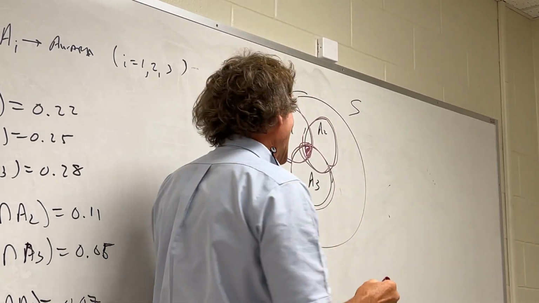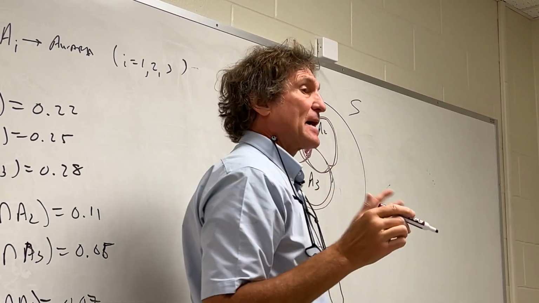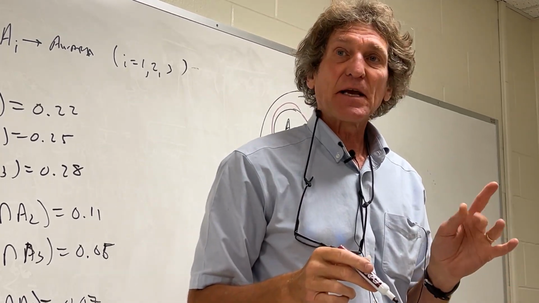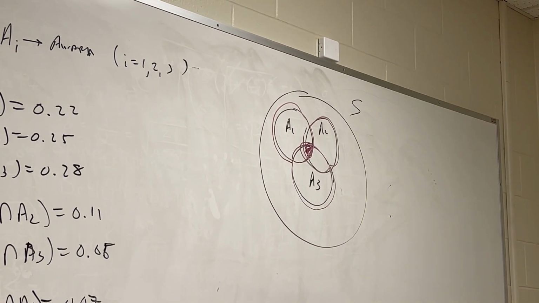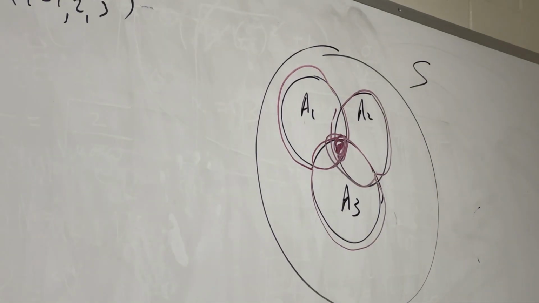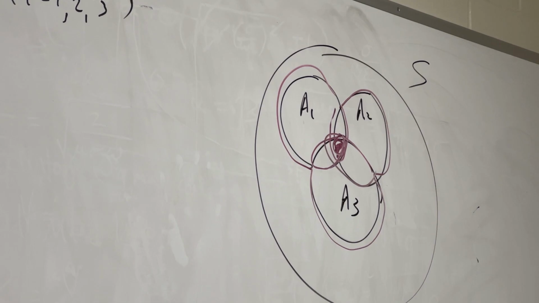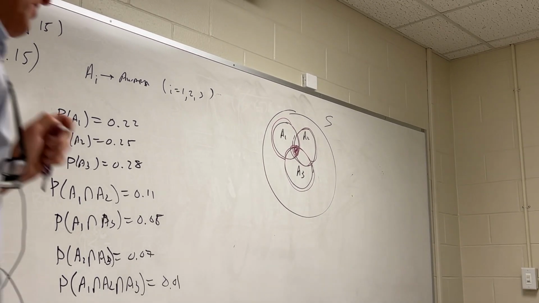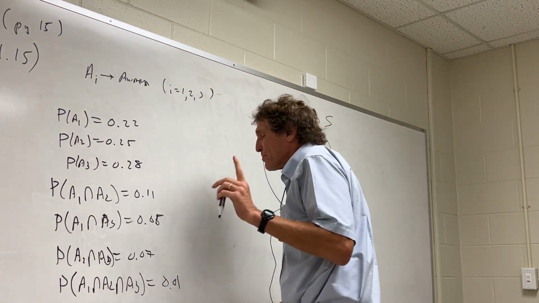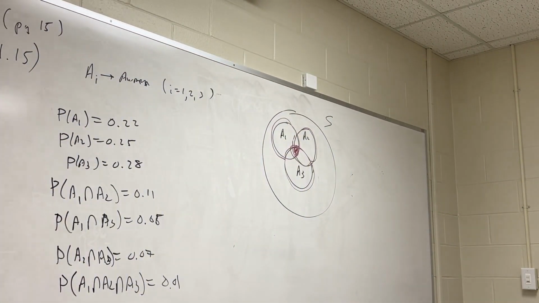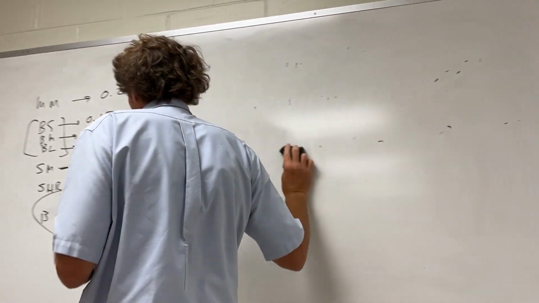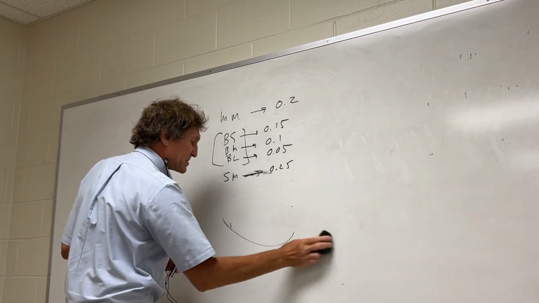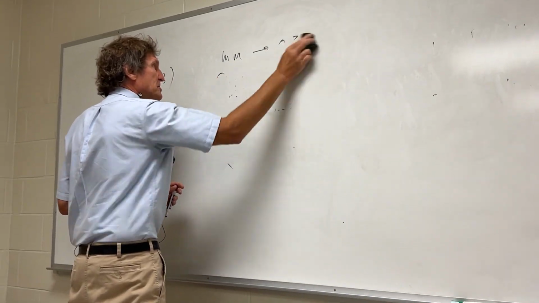Then we'd have to add this area back because we subtracted it off. Think about this rationally: we've already subtracted it when we did these areas of overlap between just 2 of them. I'm going to write it over here so you see it. This is actually a pretty good problem to give you an idea of the things you need to think about. And probability is proportional to the area.